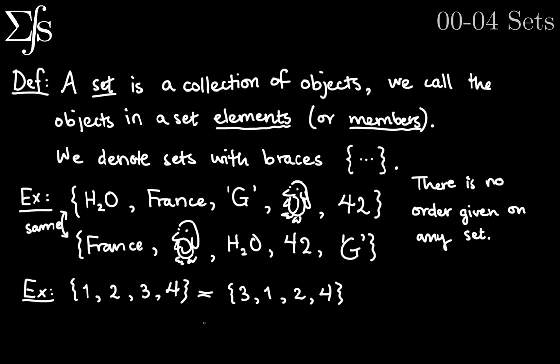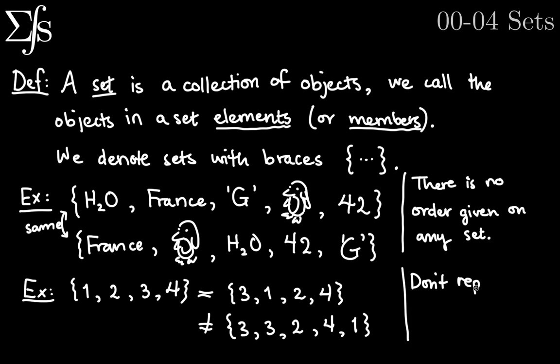However, what we cannot do, and this is a convention that we use when we're talking in set theory, is say this is the same thing as 3, 3, 2, 4, 1. So just the same way that there's no order given on any set, we don't repeat elements of a set. Okay, so we only write each element once, so this is not good.